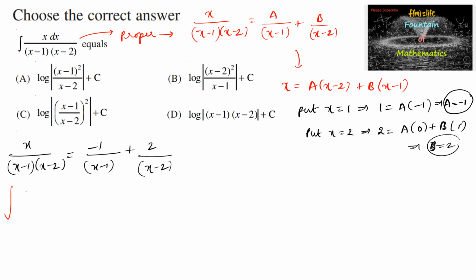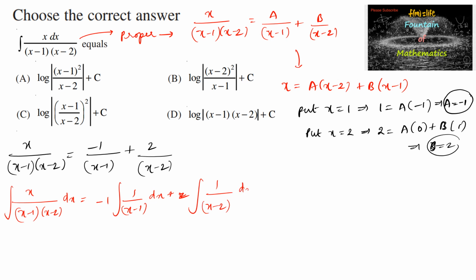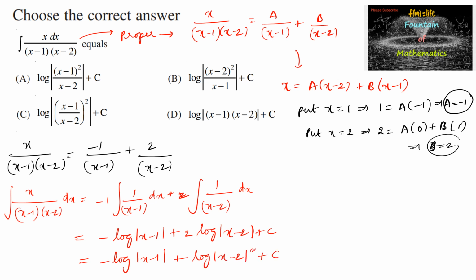So integral x upon (x minus 1)(x minus 2) dx is equal to minus 1 times integral 1 upon x minus 1 dx plus 2 times integral 1 upon x minus 2 dx, which is equal to minus log mod of x minus 1 plus 2 times log mod of x minus 2 plus c, which is equal to negative log mod of x minus 1 plus log mod of (x minus 2) whole square plus c, which is equal to log of (x minus 2) whole square divided by (x minus 1) plus c.